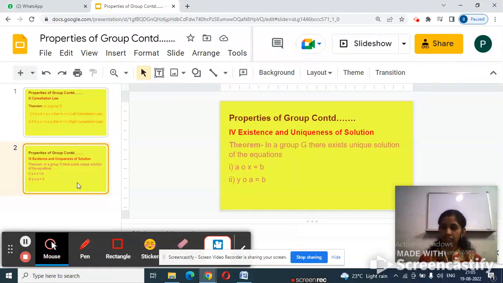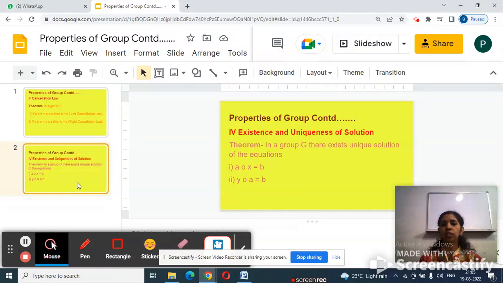Similarly, for finding the solution of y operation A is equal to B, just post multiply by A inverse, we will get y is equal to B operation A inverse, and in the similar manner we will get that this element belongs to G. So y is equal to B operation A inverse is the solution of the equation y operation A is equal to B.